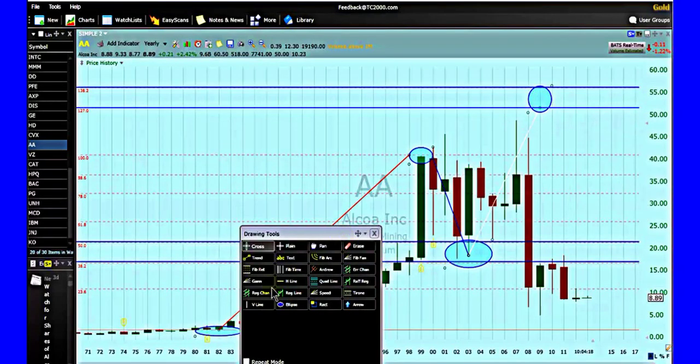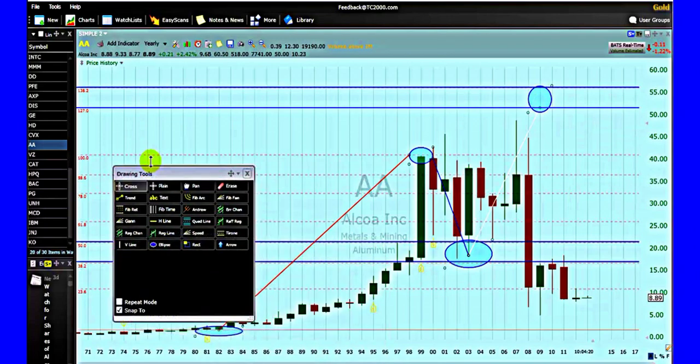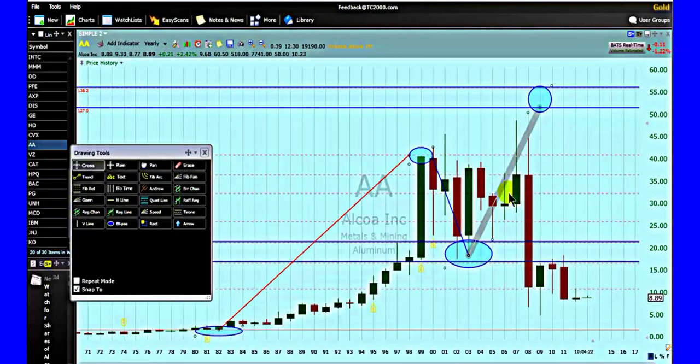You see now, so we do this preparation and just wait. In this case, you can see that the price was desperate to come near the 127, couldn't even go to the 138, which means it had this weakness. Alcoa stock, Epic Alpha AA, has been under bearish pressure big time, couldn't touch the 127. That's a weakness.